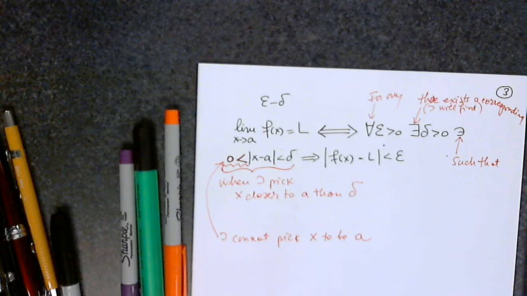In other words, for any epsilon, I'll find a different delta. That's what it means.